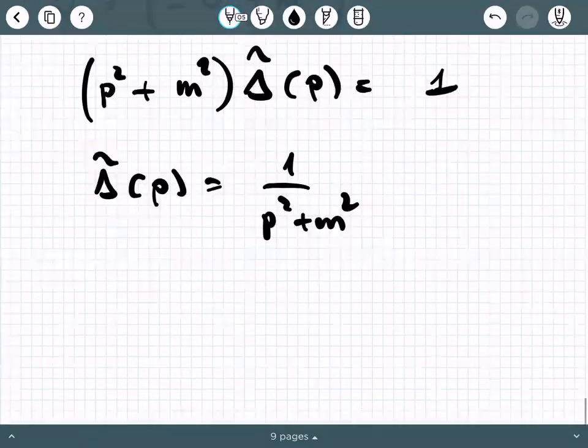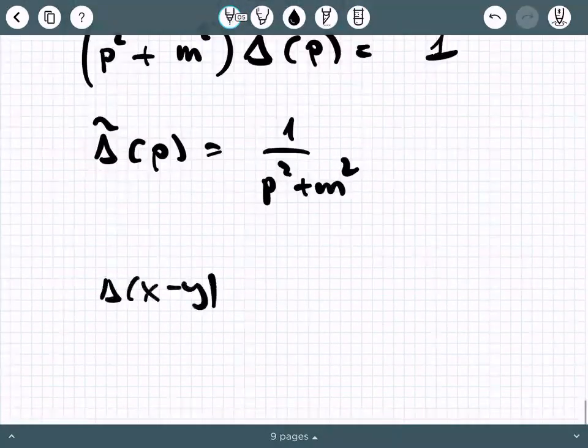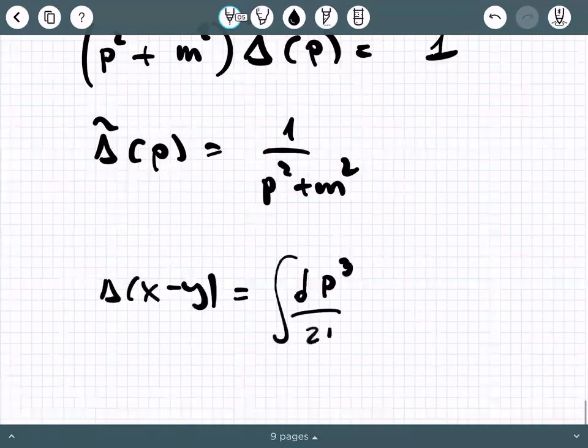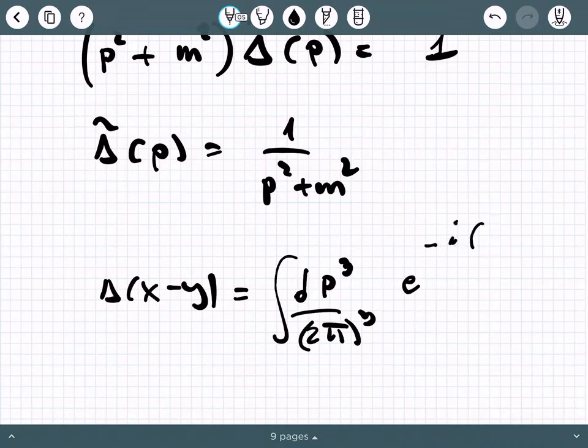And therefore, delta of x minus y can be obtained by the integral dp to the 3 over 2 pi to the third, e to the negative i p dot x minus y, divided by p squared plus m squared, right?